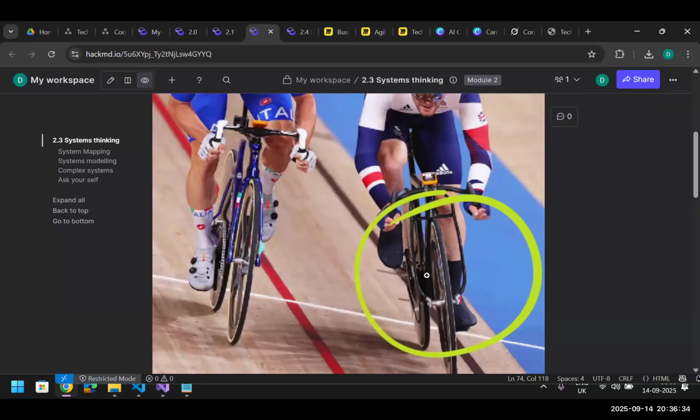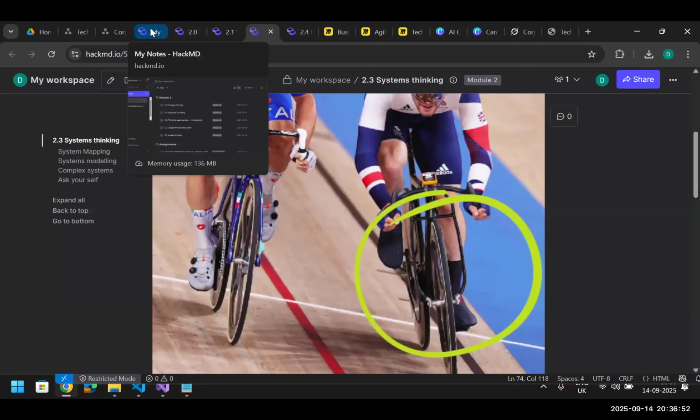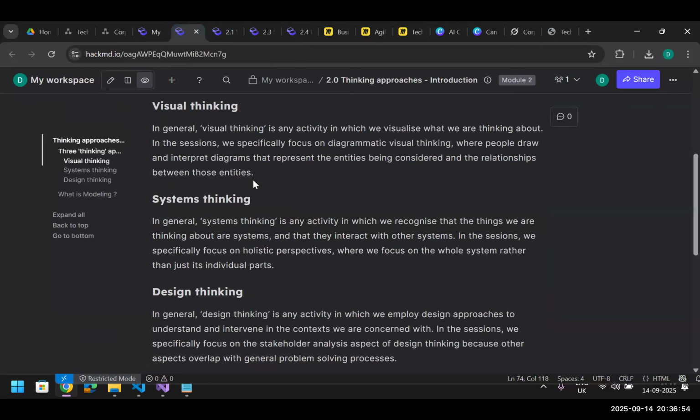Therefore, it solves the actual problem they are trying to solve, right? So we should always think from a system point of view: what are the parts as a whole, and how do we design those parts? That's what systems thinking is, a very important aspect.